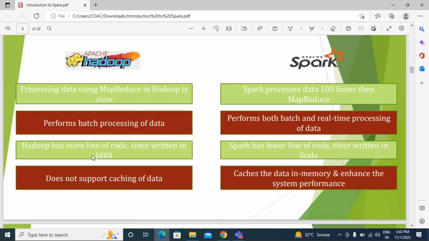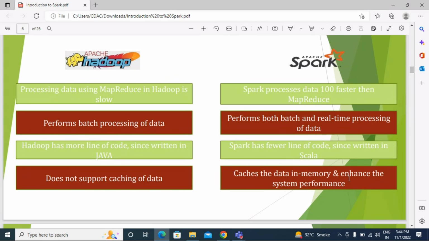Because the intermediate data is stored in HDFS in storage space, but where it is located, you cannot locate that location, right? So caching of the data is not possible with respect to MapReduce. But with respect to Spark, you can cache data.